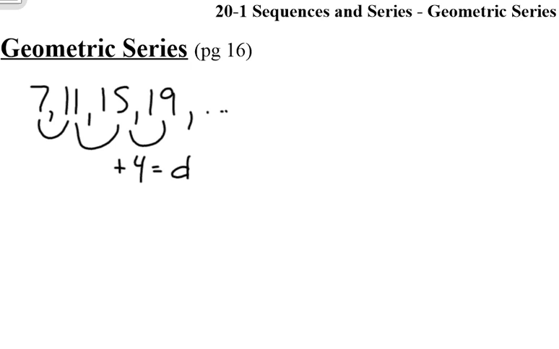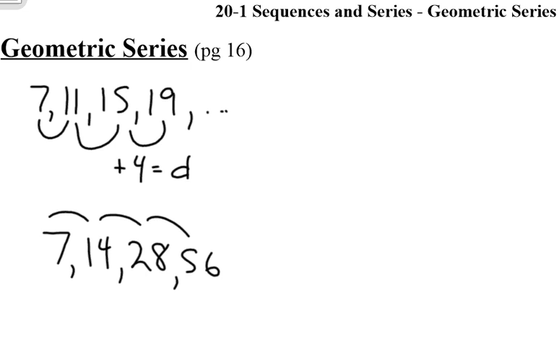Yesterday, we looked at geometric sequences, having a list of numbers that we multiply to get from number to number. So here, to get from number to number, we're multiplying by 2, so that was our R value, common ratio.